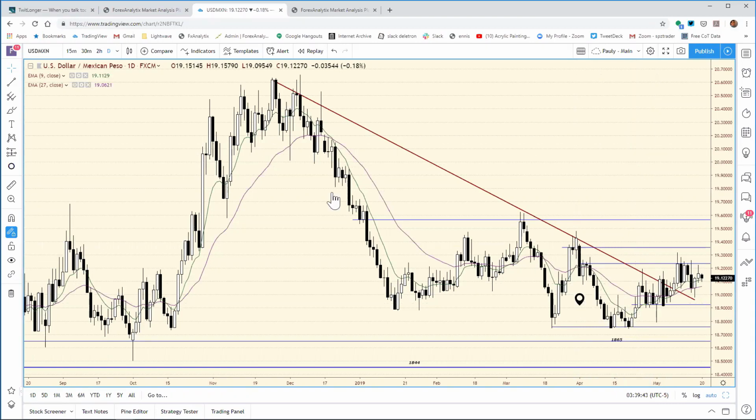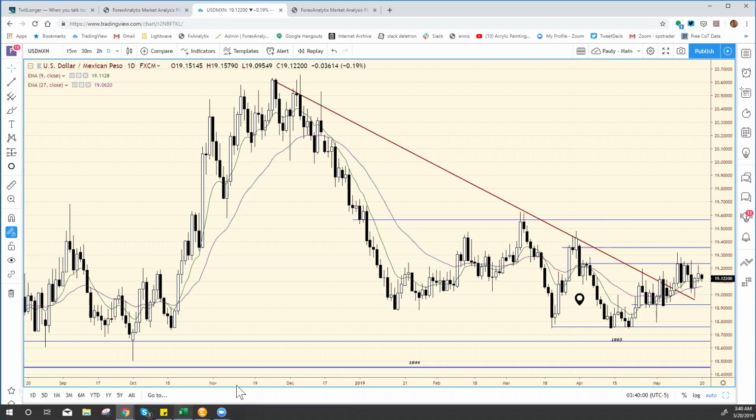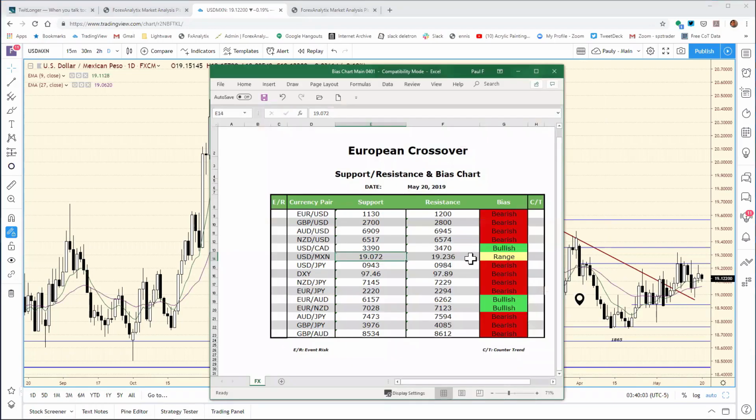So you can see here that we did break that downtrend line. We just haven't done a whole lot with it. Now, we've been in a buy mode for over a week, but we just haven't generated much interest. But this has been our resistance for most of last week, that 1923.6, and it has not been able to take it out. So that'll be our bias chart resistance. Yep, 1923.6.